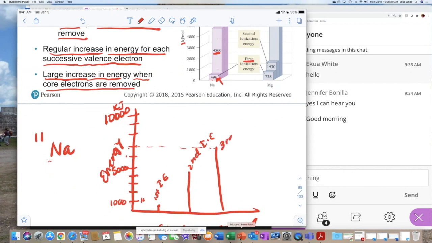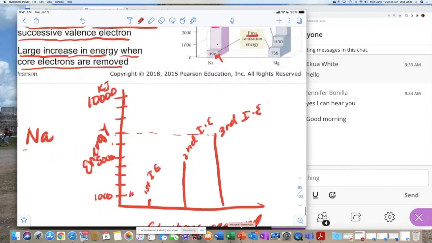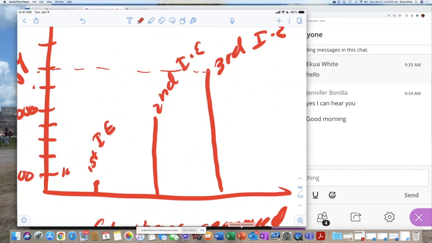So what you want to do here is see where you have the greatest jump. Looking at my picture here, when I went from the first to the second, this is where I have a times 10 jump. So you separate the one that requires less energy from the one that requires the greatest jump, and then count how many energy requirements you have, or how many electrons you have.